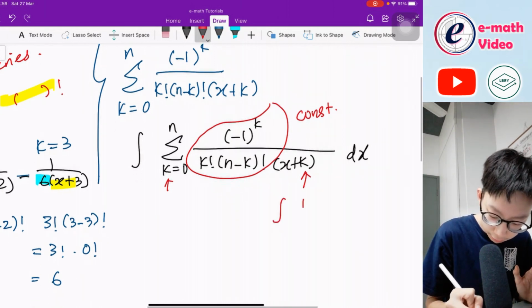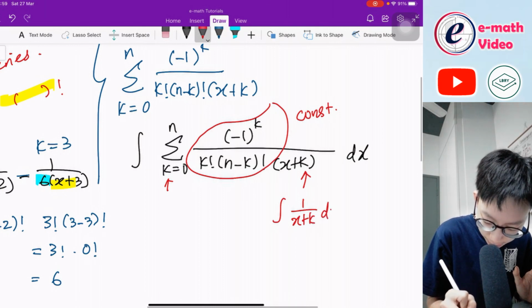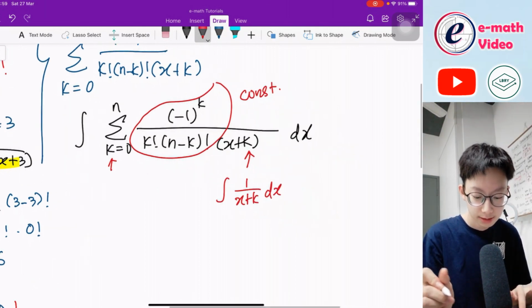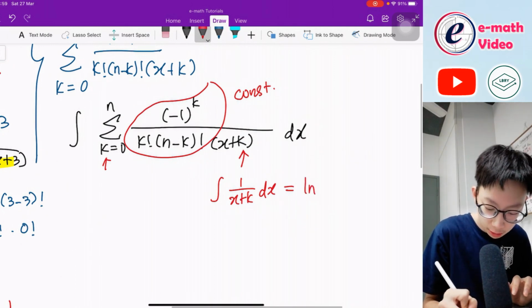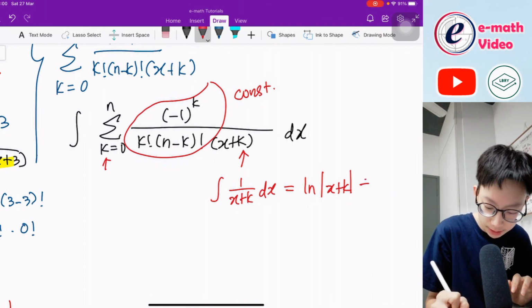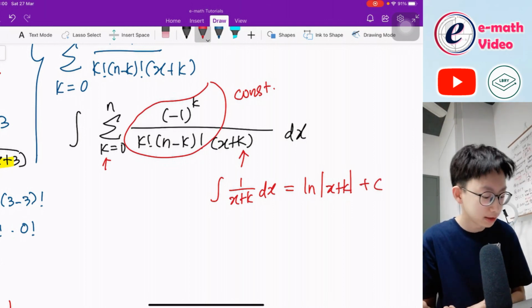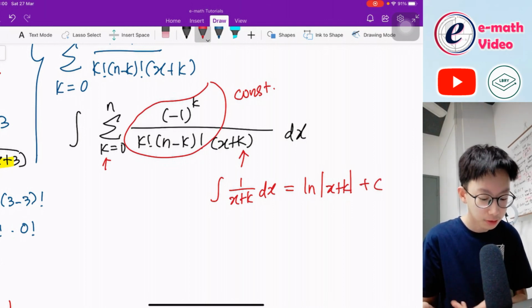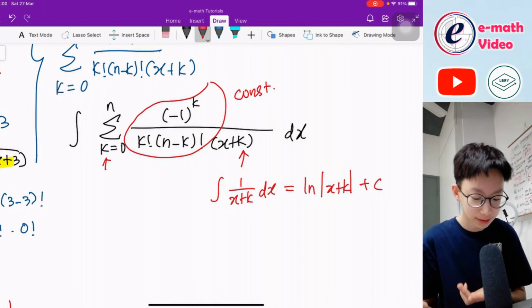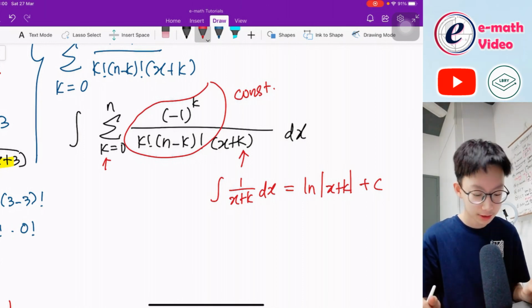So if we integrate 1 over x plus k dx, and remember, k is a constant, this will just be the natural log of x plus k, and if you like, you put the modulus, then plus c. It actually doesn't matter because k is always positive, right? But your x can be negative, so you better put a modulus for it.